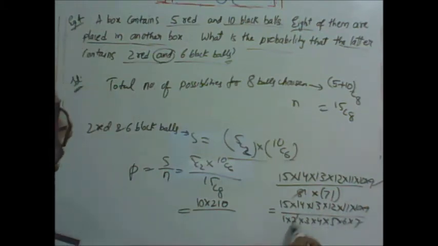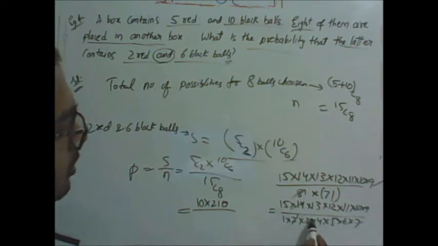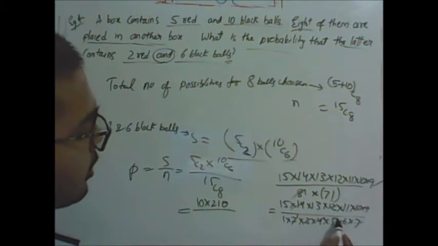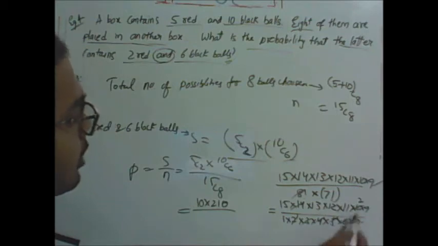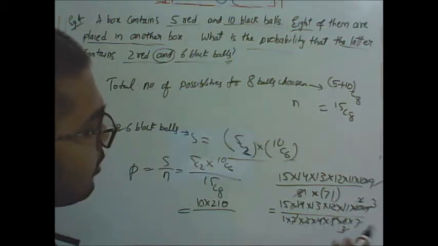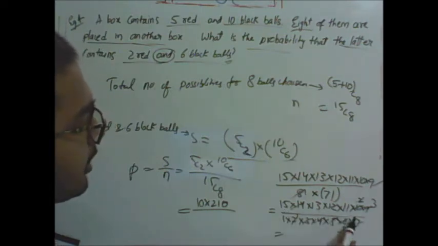So 7 2s are 14, 3 4s are 12, 5 2s are 10, and 3 3s are 9. So in the denominator everything is cancelled. In the numerator we are having 15 into 13 into 11 into 3.